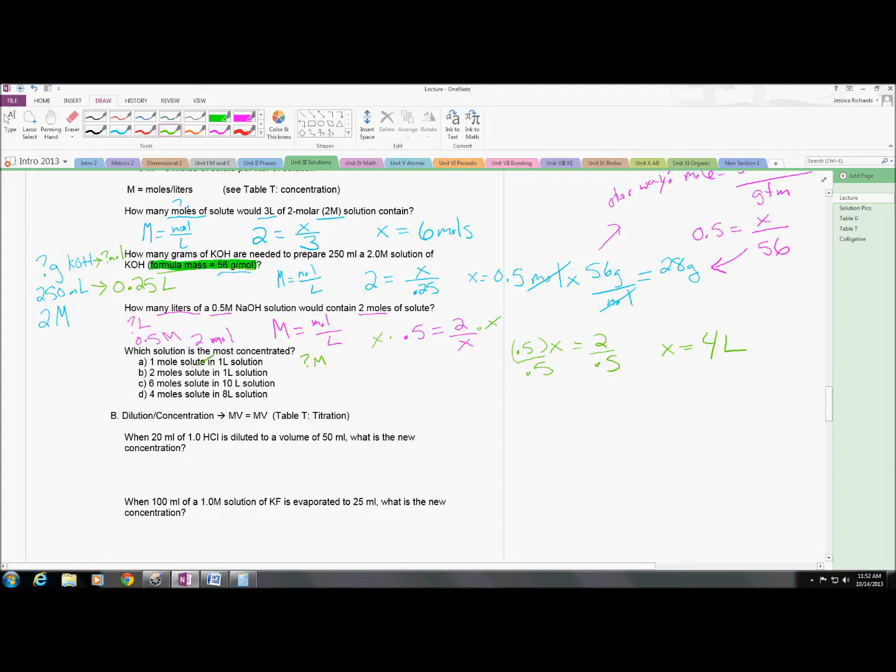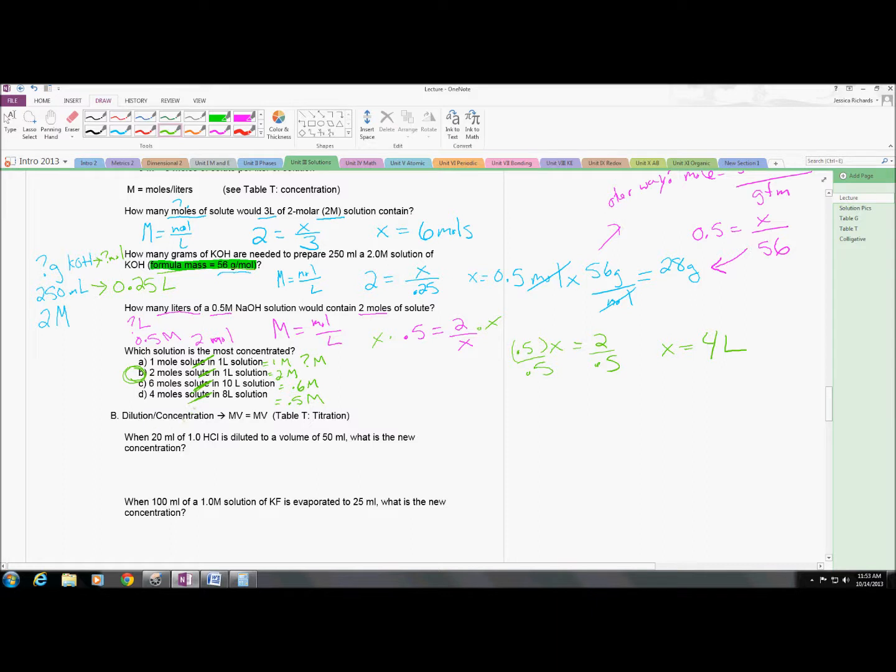All I have to do is divide. 1 mole divided by 1 liter is 1 molar. 2 moles divided by 1 liter is 2 molar. 6 moles divided by 10 liters is 0.6 molar. And 4 moles divided by 8 liters is 0.5 molar. So our most concentrated is going to be the 2 molar solution.